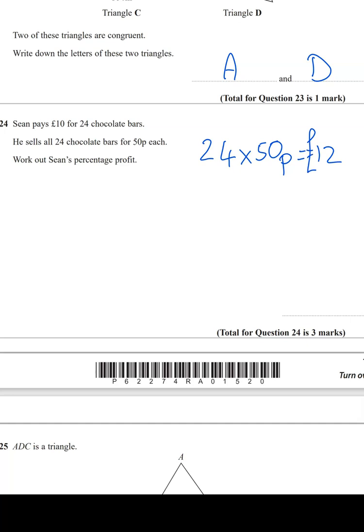So actually, he's made £2 profit. £2 profit out of £10. So he has made 20% profit, because I can scale this up. So that's his profit over the original, gives us 20 over 100. We know 100 out percentage, so 20%.